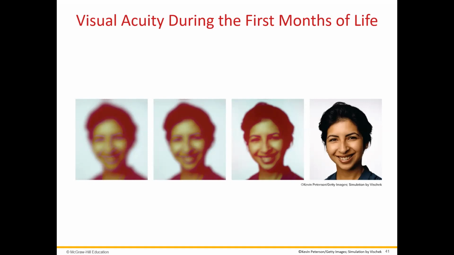At 1 month they're getting a fuzzy picture of their mother's face. The next one is 2 months, so you can see it's already improved. The next one's 3 months, so it improves rapidly. And then that last one is 1 year, and that basically looks to me like what I would see. So they have good vision by the end of the first year.